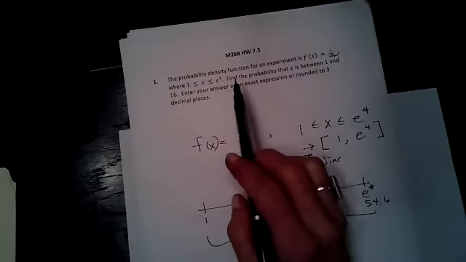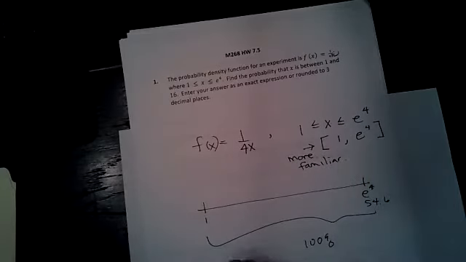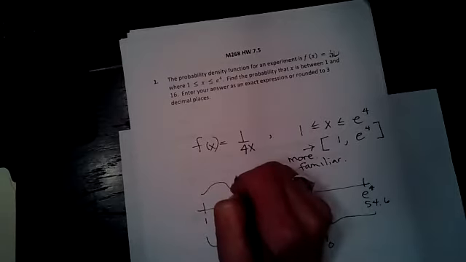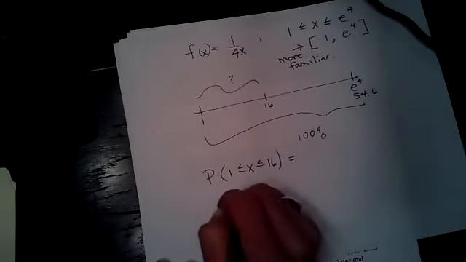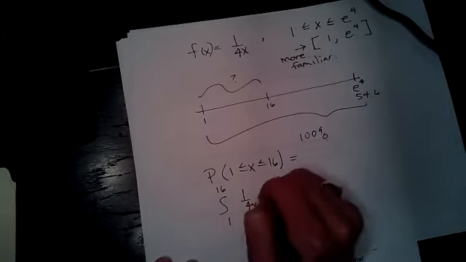Now it says find the probability that x is in between 1 and 16. So the probability that x is in between 1 and 16, let's call that 16, then we're just going to set up the definite integral. The integral from 1 to 16 of 1 over 4x dx.